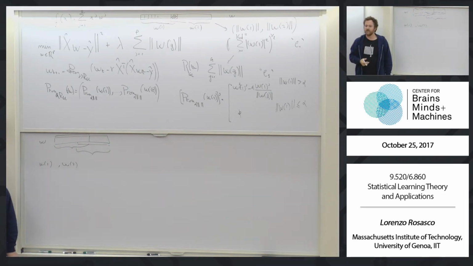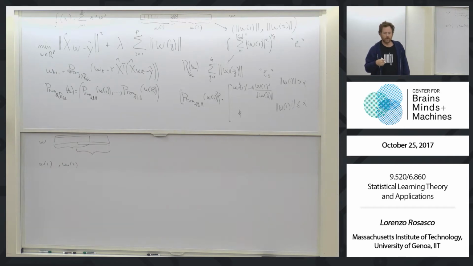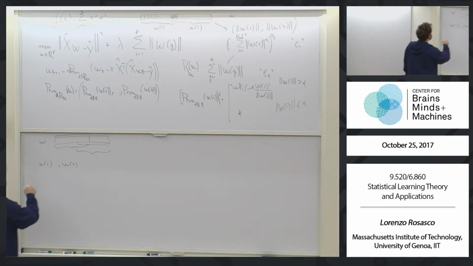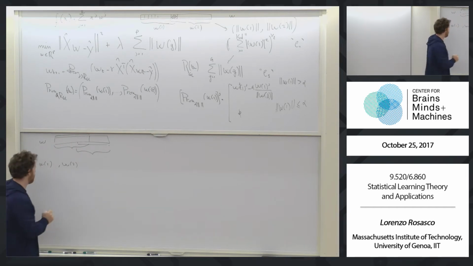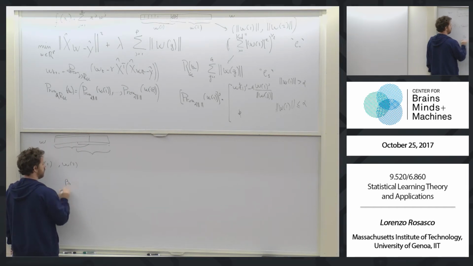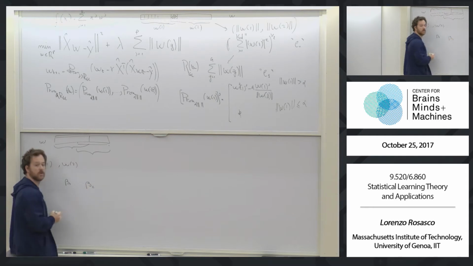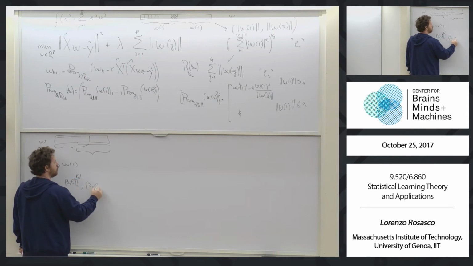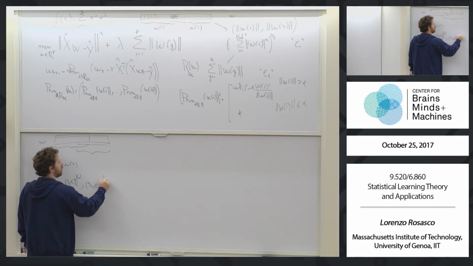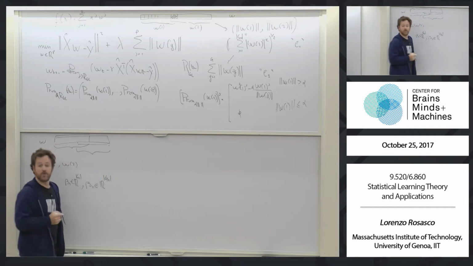But suppose that I give you a vector, and I want to find how many ways I have to build this vector out of vectors of this length and this length. Take a vector B1 and a vector B2. B1 is of size R to the cardinality of G1, and B2 is R to the cardinality of G2.